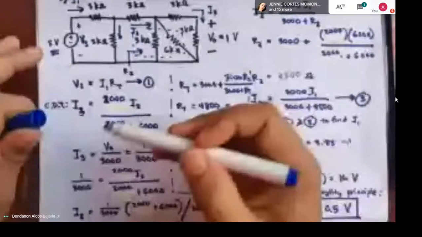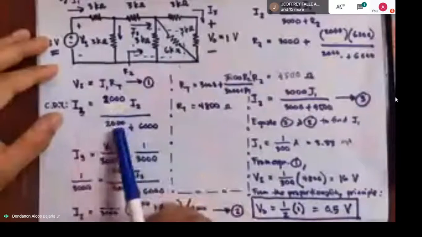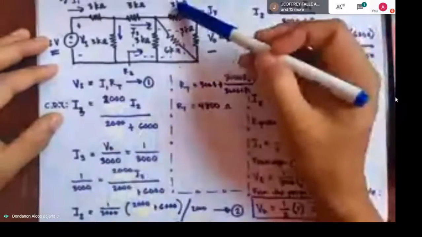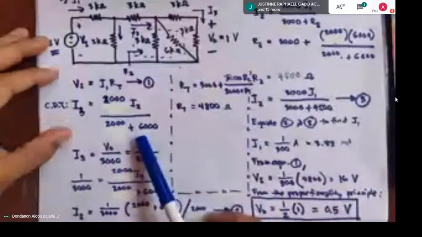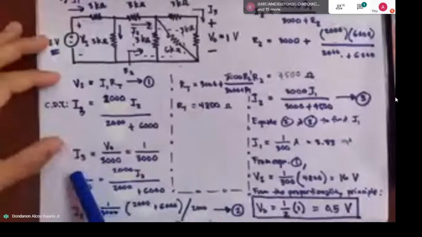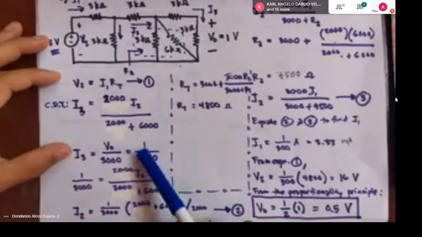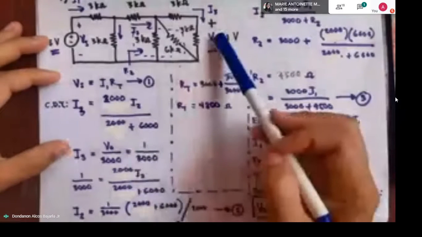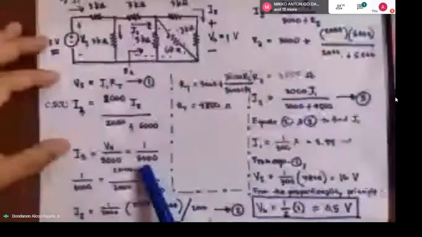So this current times the parallel resistance of 2000 divided by 2000 plus 3000 plus 6000. And assuming V sub O to be 1, we can solve for I sub 3, which is 1 over 3000.